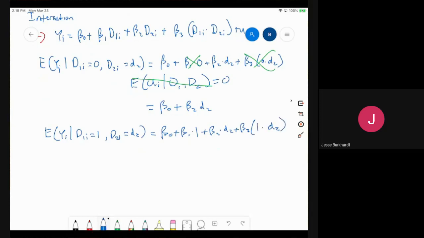Okay, that's what we get for when d1 is equal to 1.